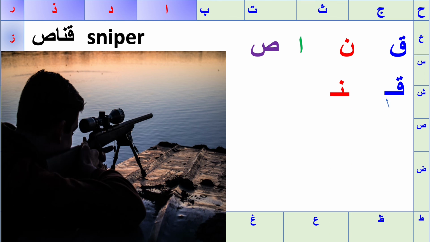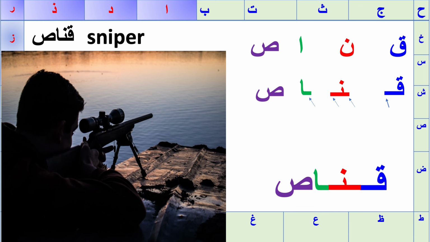The noon will extend at both ends so that it can join the qaf and the alif. The alif will join the noon to the right side, extending to the right side. Finally, the sad will come at the end of the word. Qannas. That is the final written form.